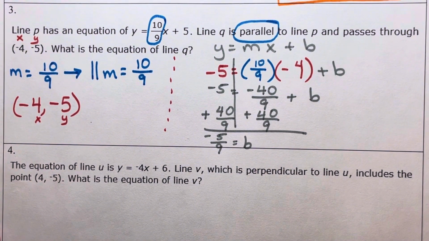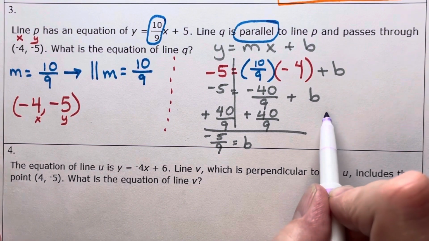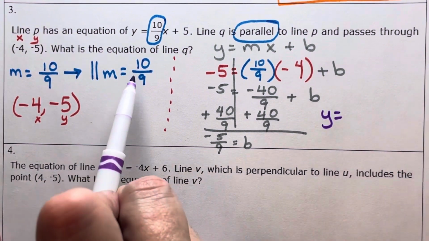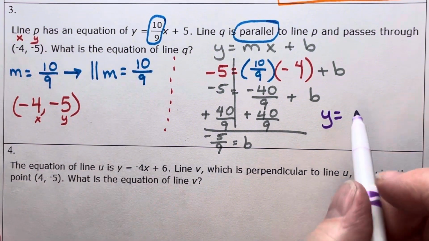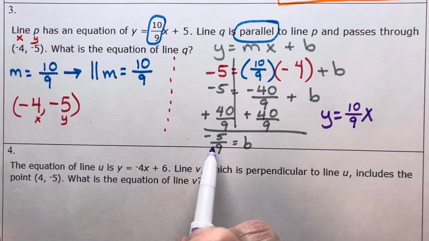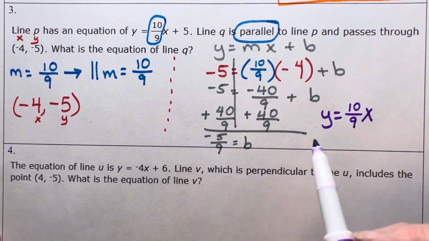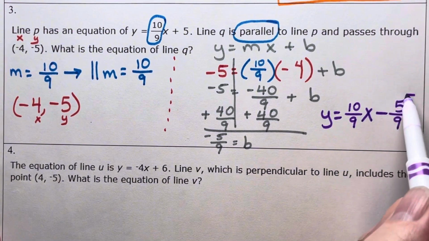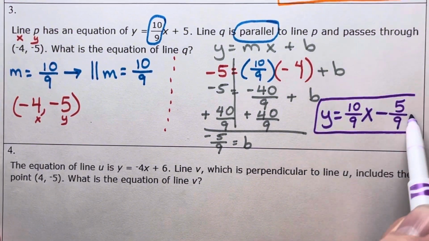Okay. So our final equation, now that we have all of our missing pieces, is y equals the slope that we needed of 10/9 x minus, because our y-intercept is negative, 5/9. And there's our new equation. And there you go.